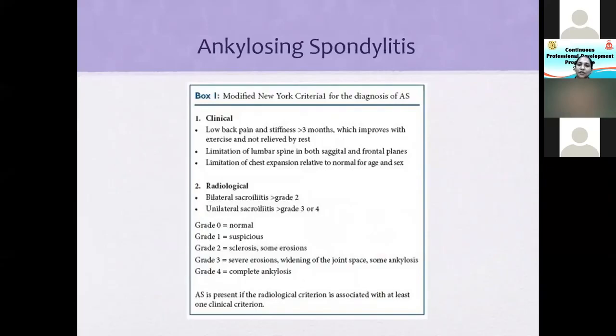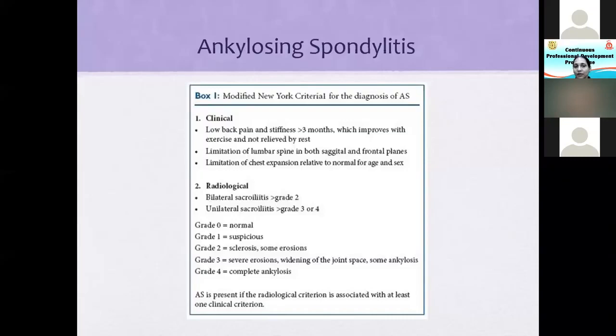Limitation of the lumbar spine in both sagittal and the frontal planes, that is, the flexion extension as well as the lateral flexion will be affected. At the same time, limitation of chest expansion relative to that which is normal for the age and sex.